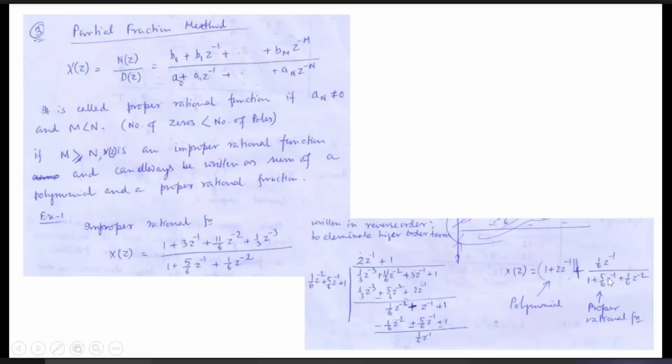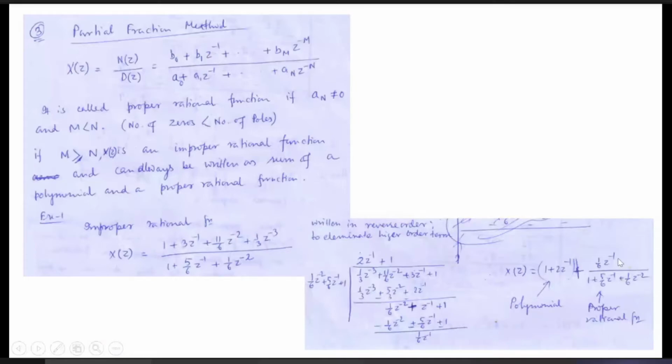So there are two parts. One part contains the division, that is one polynomial you will get here, and the other part is the proper rational function. Here the order of the denominator is 2 and the order of the numerator is 1.